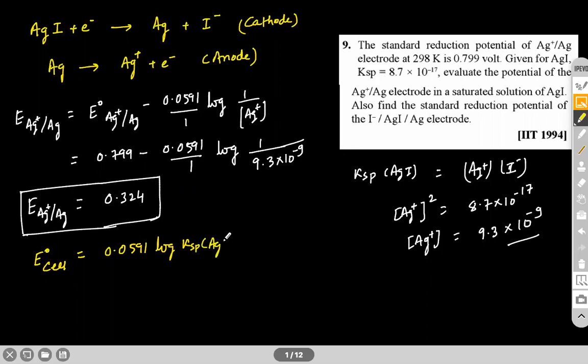AgI. So we know all these values. When you substitute, you will get 0.0591 log of KSP, which is 8.7 into 10 to the power minus 70. When you solve this, you'll get minus 0.954. This is the E naught cell of this.